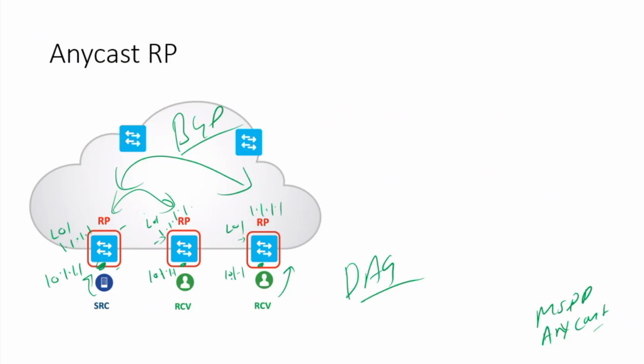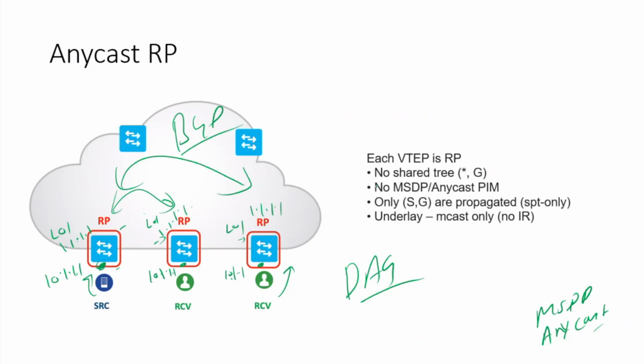That means, as I said, no shared tree. Now, in this type of topology, watch the recording if you don't remember what a type 6 route is, but in this topology, you will not have a type 6 route. It is only type 5 and type 7.